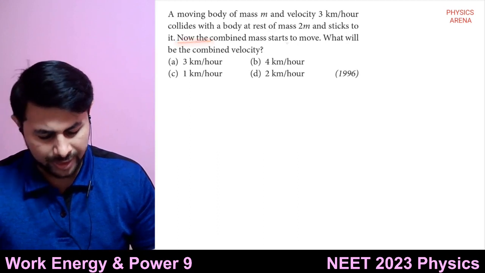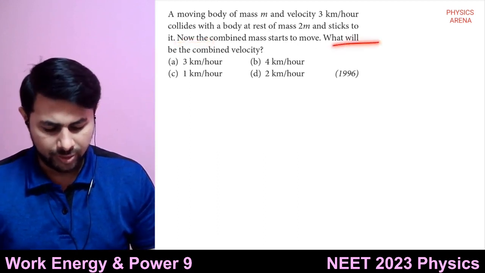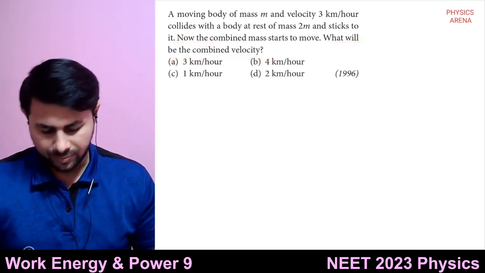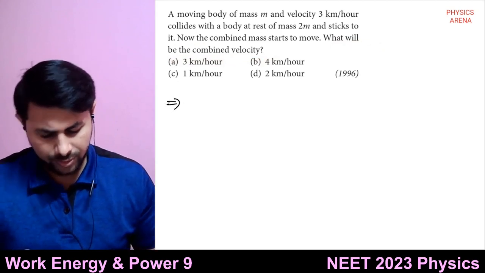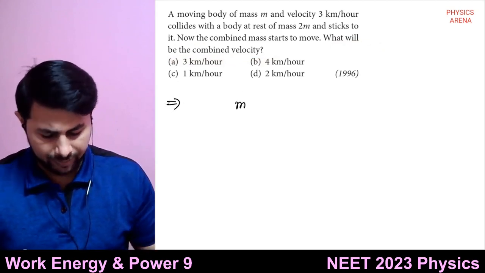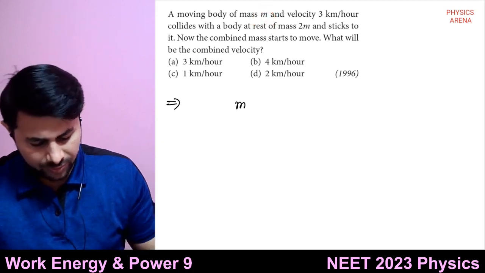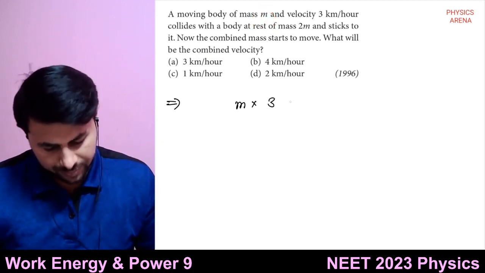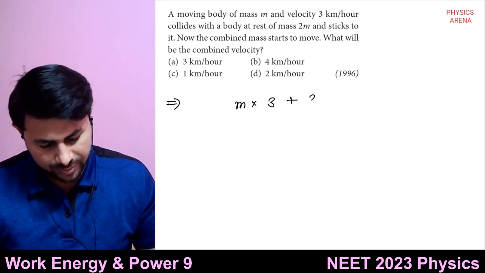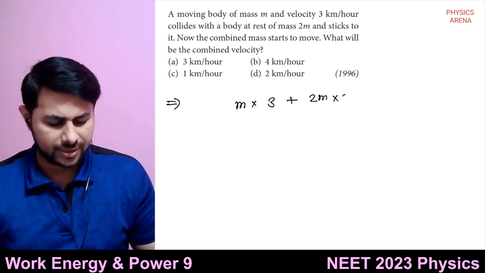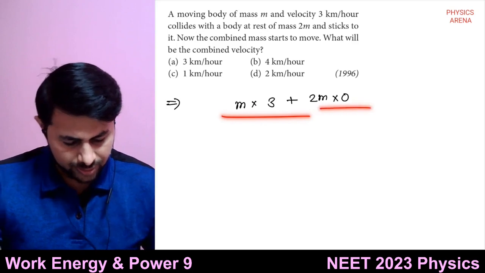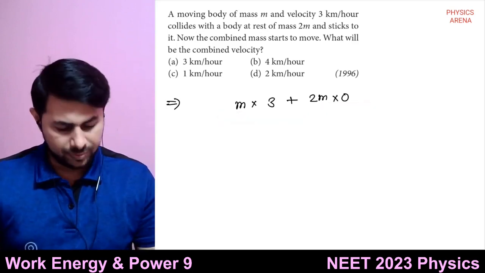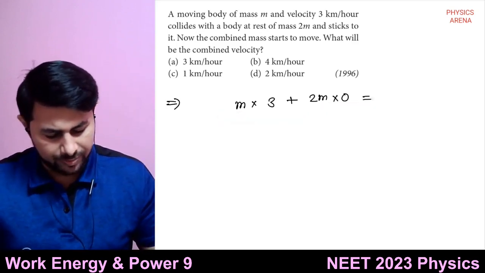Now the combined mass starts to move. What will be the combined velocity? So the first mass is m, velocity is 3 kilometers per hour, plus the second mass 2m, which is at rest. So this is the total initial momentum. How much will be the total final momentum?